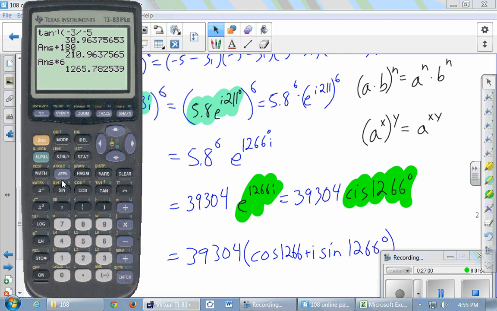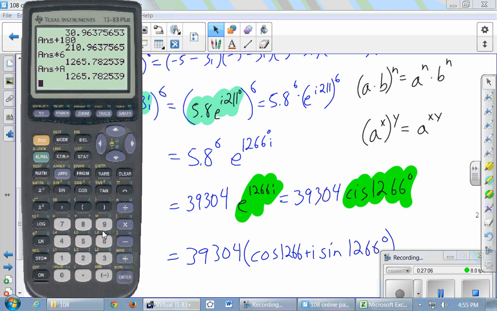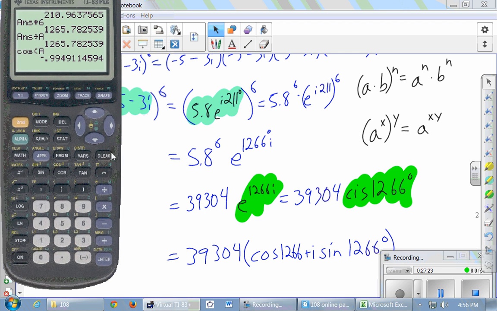So I want to use this number a couple of times. I'm just going to store this as x. I'm going to store this as a. And let's go ahead and find the cosine and sine of that number. So we want cosine of a, which is that, and then we're going to multiply that by the 39,304 because this 39,304 will distribute. In fact, I'm going to write this out. Cosine of a and sine of a.